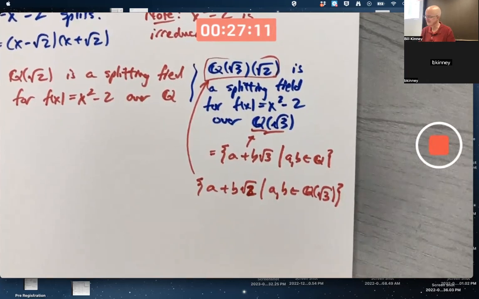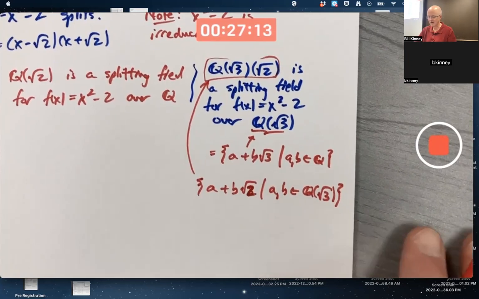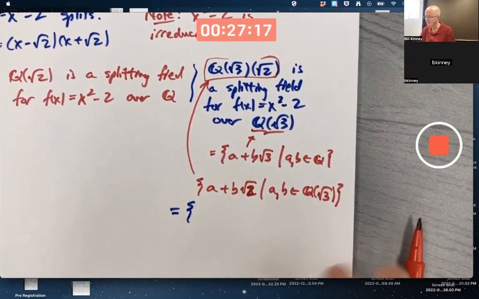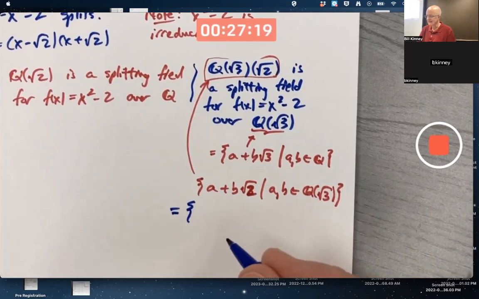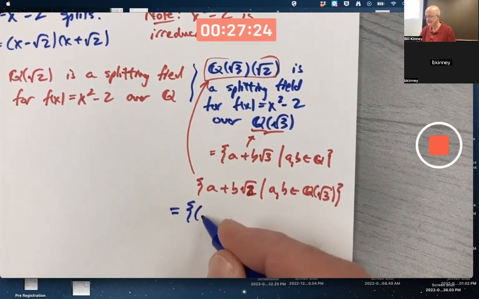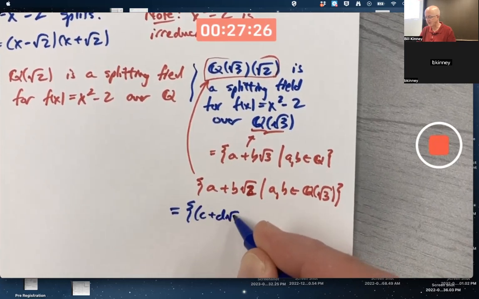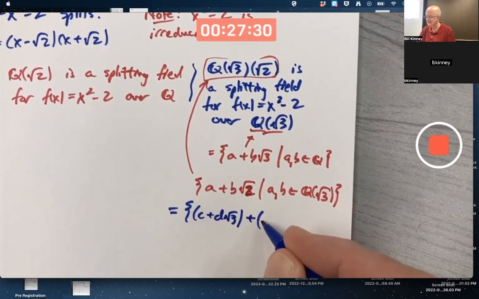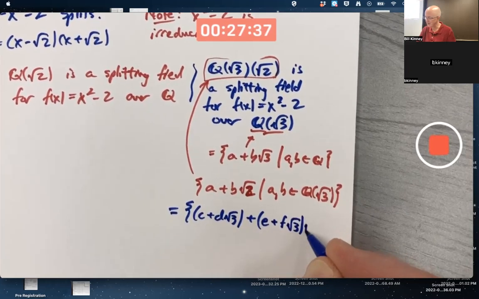Which would also mean you could write this as the set of all numbers of the form, oh, should I use different letters? C plus D square root of 3 plus E plus F square root of 3 times square root of 2.